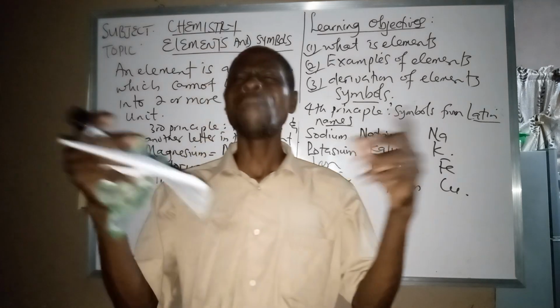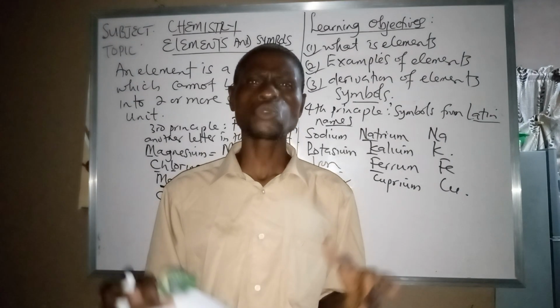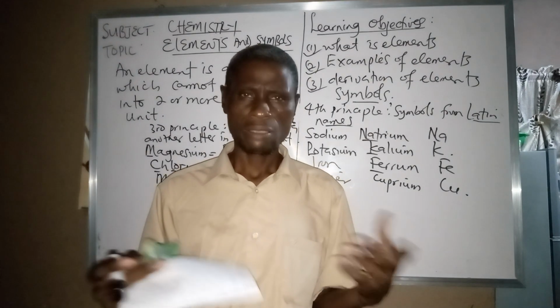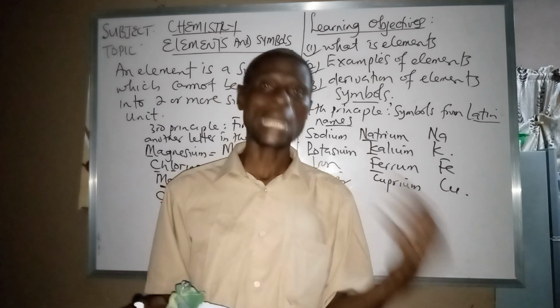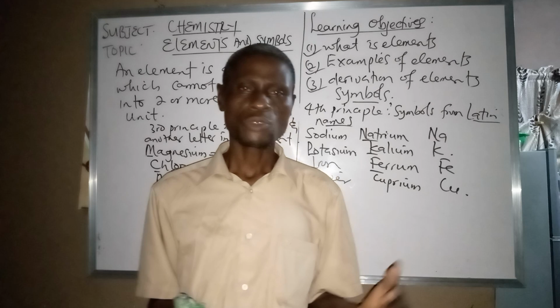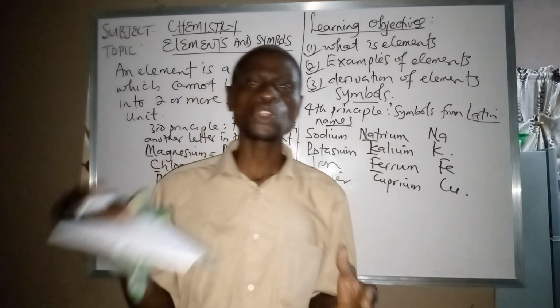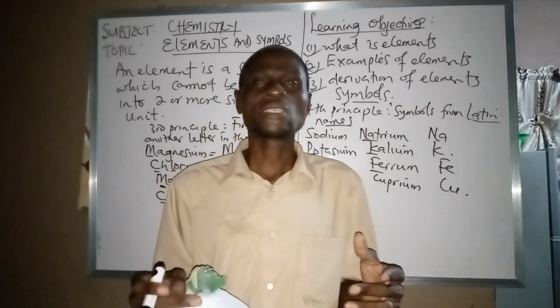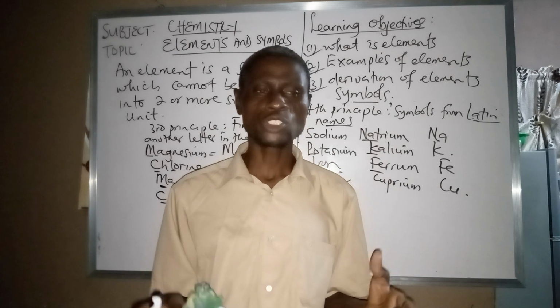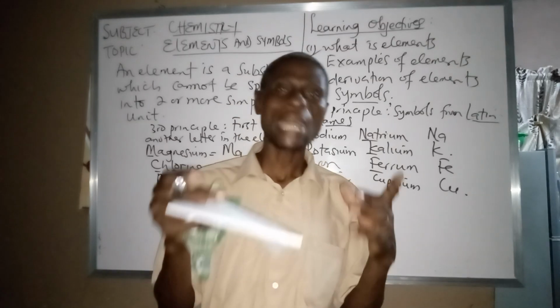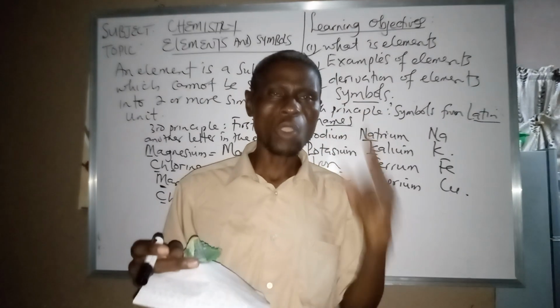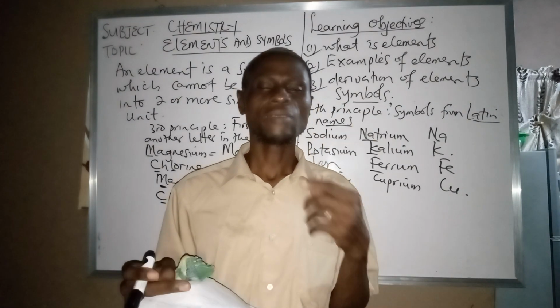We have almost 109 elements, but some of them are not stable, they are radioactive, with a short lifespan. So with all this, anywhere you see H, I'll be talking about hydrogen. O stands for what? Oxygen. On and on like that.